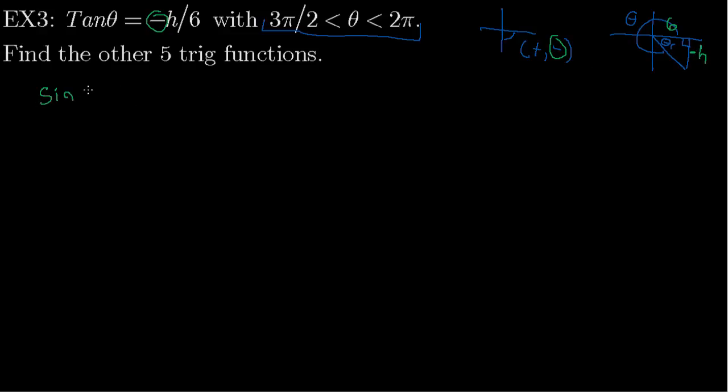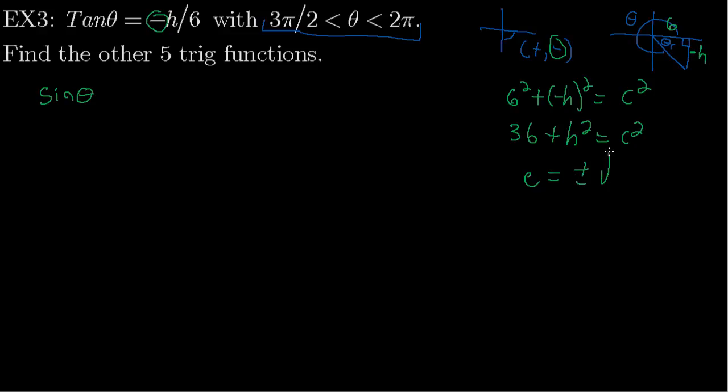Now to find the other trig statements, I need to know again the hypotenuse. A squared plus b squared equals c squared. 36 plus h squared equals c squared. C is plus or minus the square root of 36 plus h squared. That does not simplify, so I'm going to leave my hypotenuse as that square root statement.